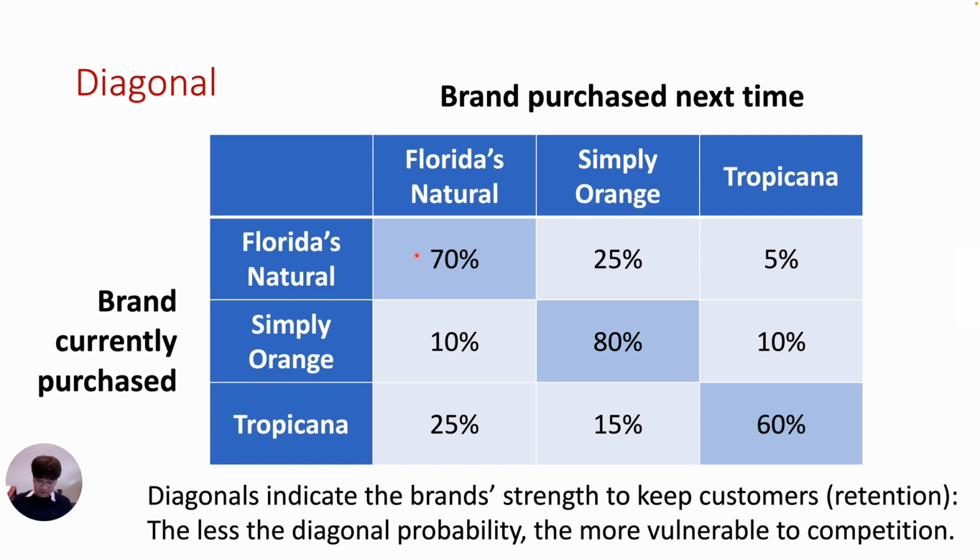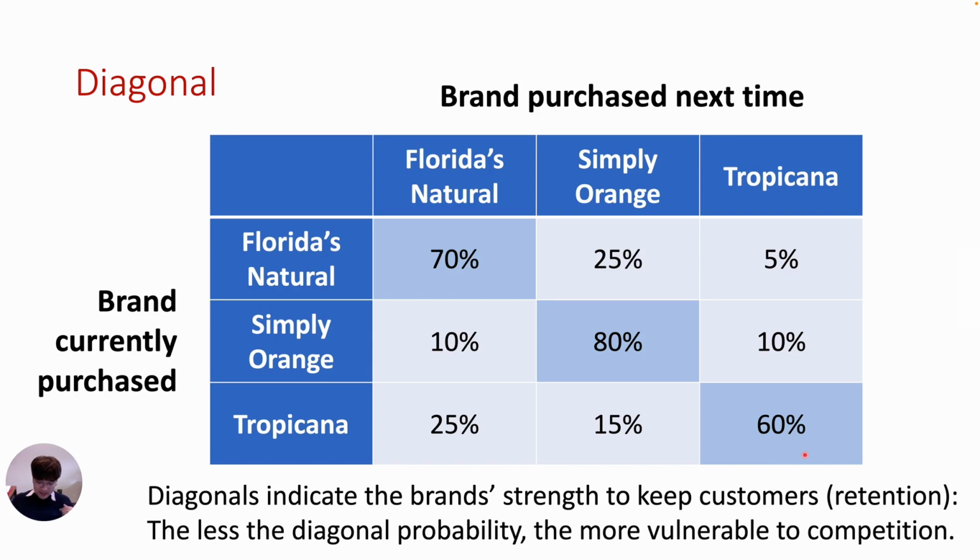In this example, the customer buys Florida's Natural again with 70% probability once she bought Florida's Natural. As for Simply Orange, the probability of buying again is 80%, and it is only 60% for Tropicana.